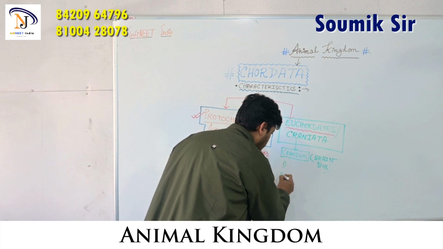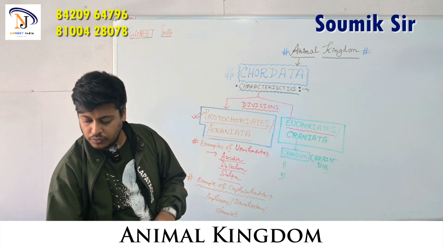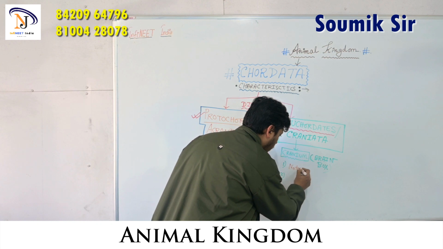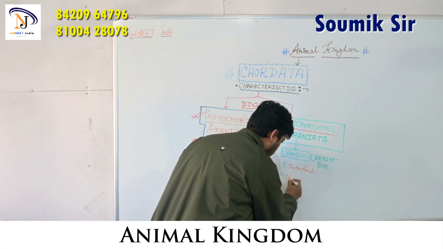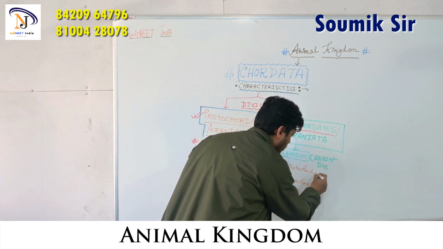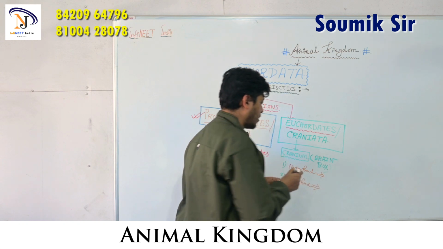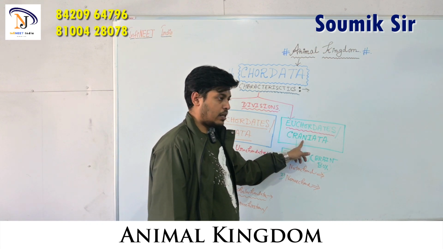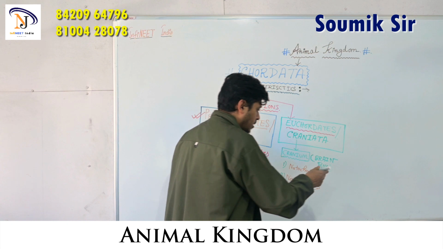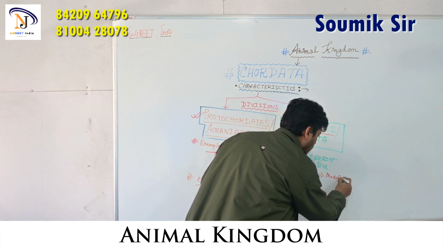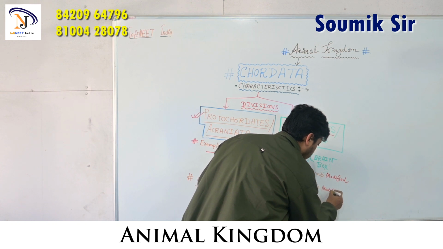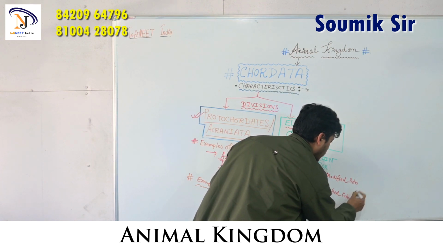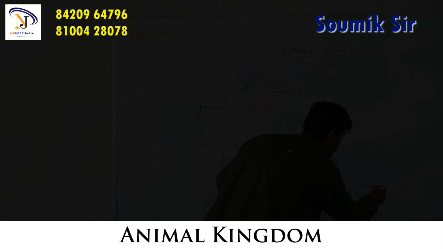The characteristic features of euchordates or craniata: remember that the notochord and nerve cord are modified into two structures each.